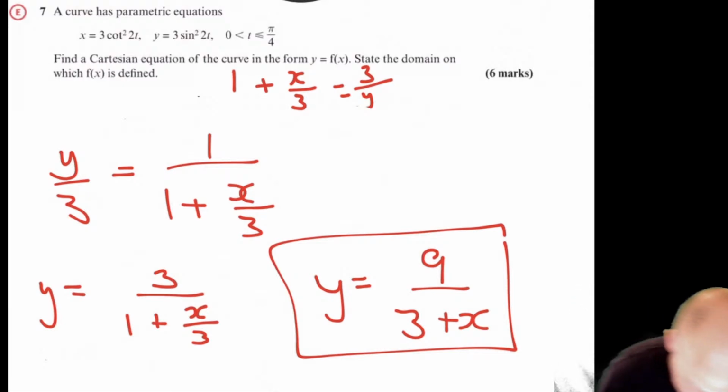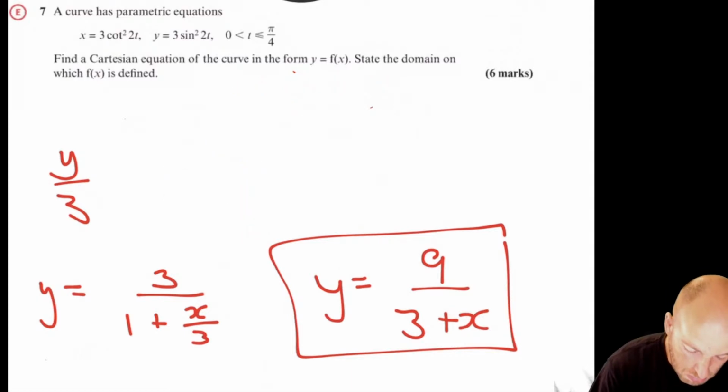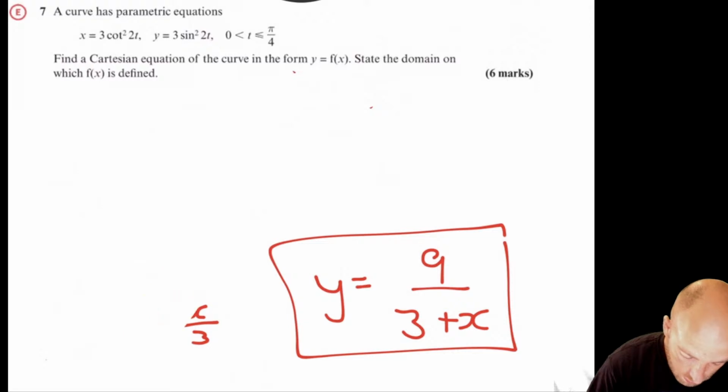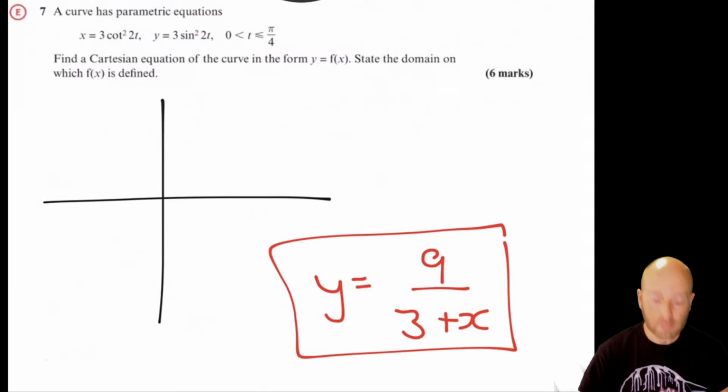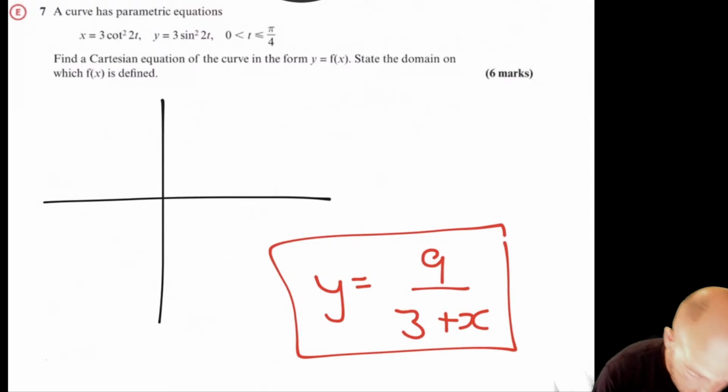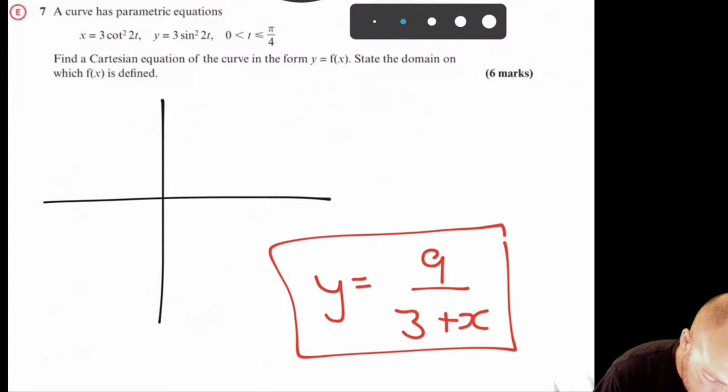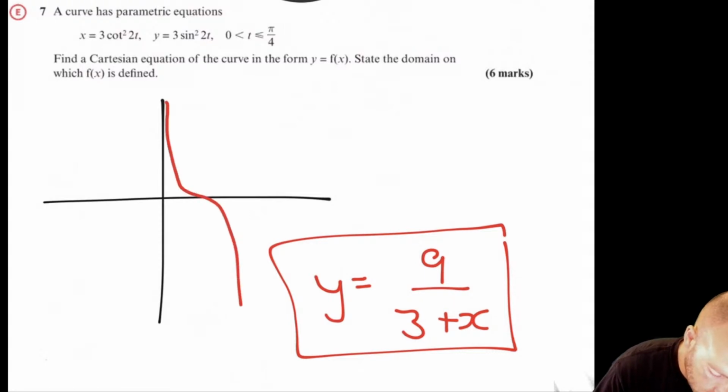Right, the other bit then, so we also need to find the domain. So I'm going to be looking at my cot graph. If you can remember what cot looks like, which I normally forget, I think cot is this one, isn't it?